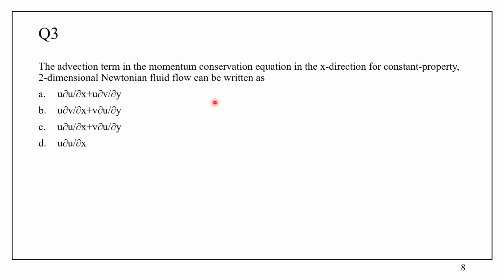So answer is option C is the right answer, that is u into dou u by dou x plus v into dou u by dou y.